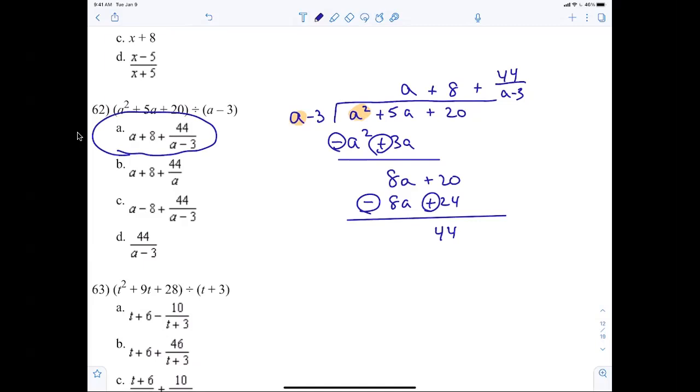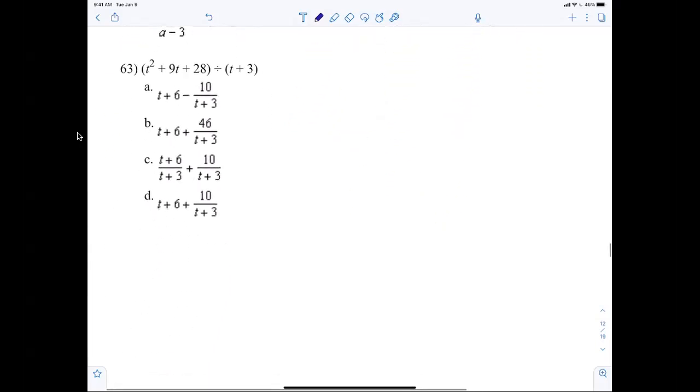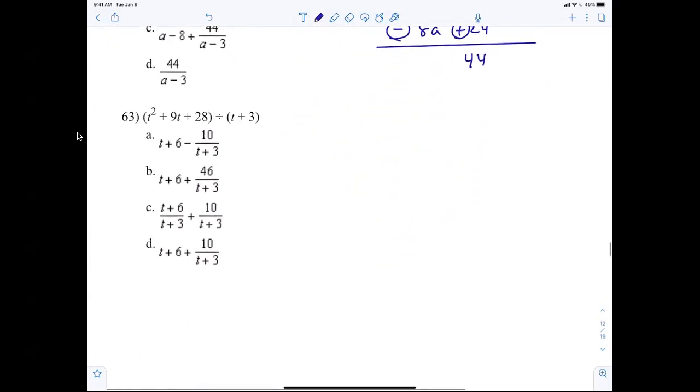Everybody good with that? All right, same principle here. Practice our division. Okay, so now we'll practice our division again. So t is t, and then you get t squared plus 3t.